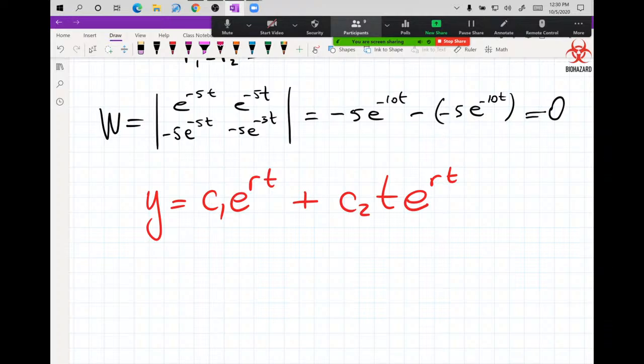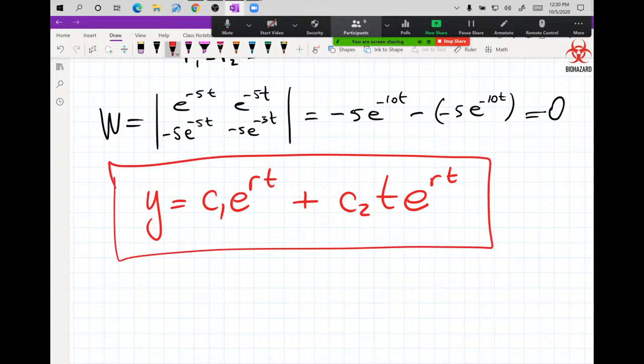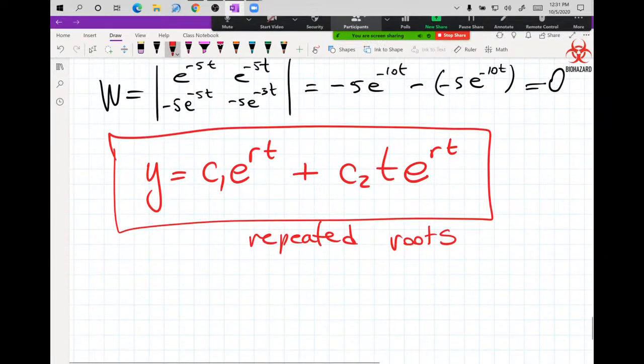But given the fact that you don't have your r1 and r2 anymore, they're now the same, -5 in this particular problem, you now are coming up with this, which is the solution for what we call repeated roots. So that's the solution that we have. So repeated roots, and it looks like this.